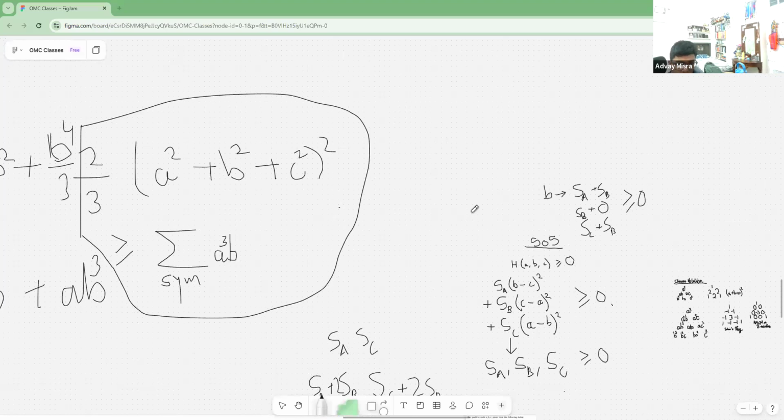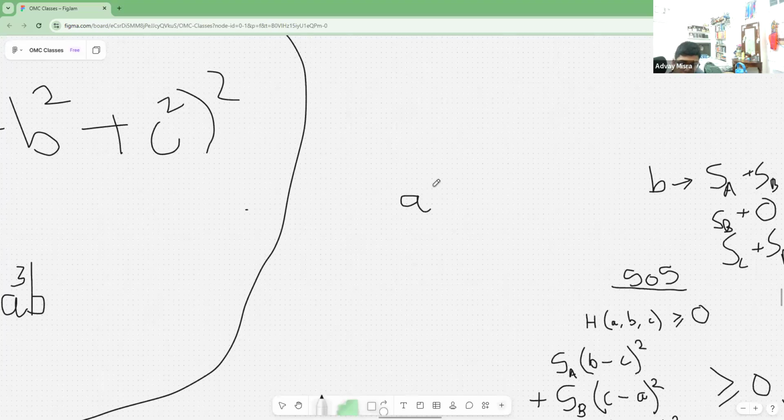Then if A is greater than or equal to B is greater than or equal to C, so not only is B the median but also C is the least, in that case it's enough to take the two smaller, and then this interesting sum.